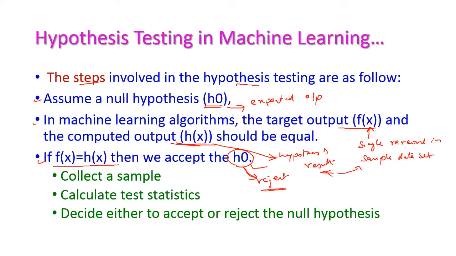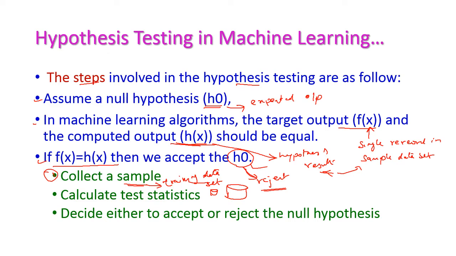So to perform all these things, first we have to collect a sample. Here sample is nothing but the training data set. Okay. So from the huge volume of data, we have to select the training data set, a small quantity of data taken from the huge volume of data that is used for training the model.